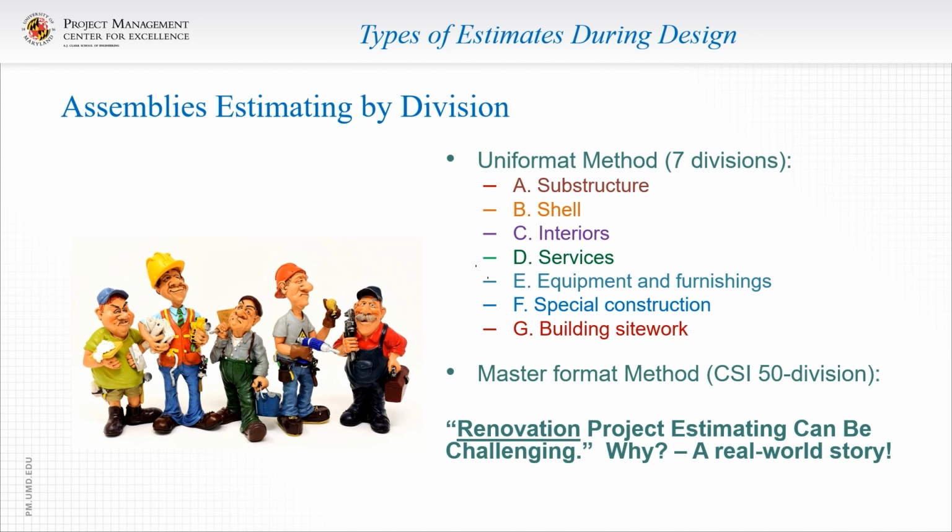Sometimes those drawings are correct. Sometimes they're incorrect. So many surprises occur in renovation. So in many ways, a renovation project can be more challenging than a new project because of many unknowns facing the structure or the project that exists that you don't know about. So always keep that in mind, that a renovation is always challenging.